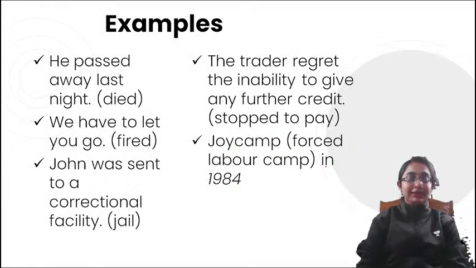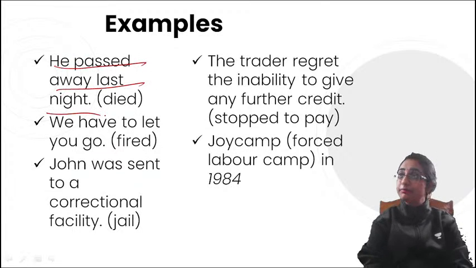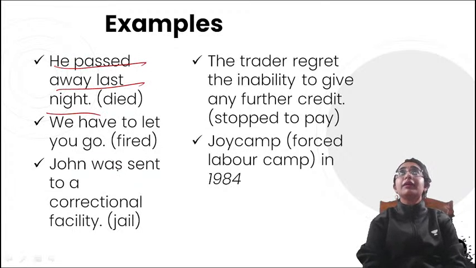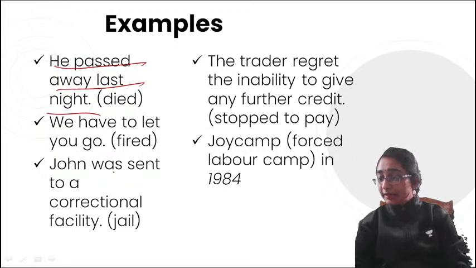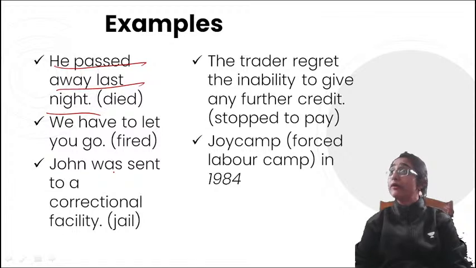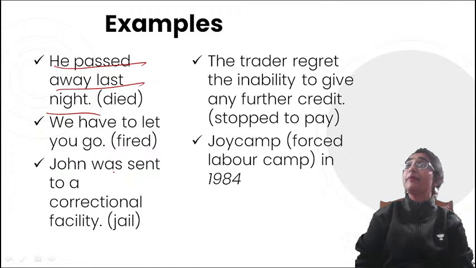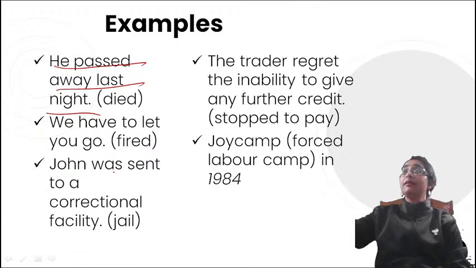Now, what are the examples? We often say, he passed away last night. You all know that in our childhood, when we started to learn how to write biography, when we write the biography of some eminent persons, we don't say that he died in this year.